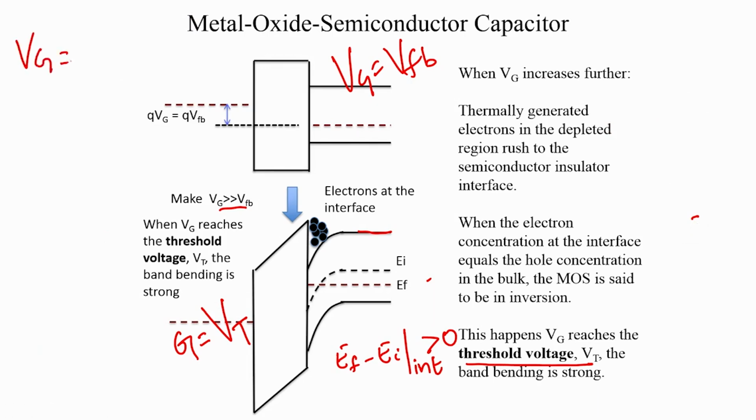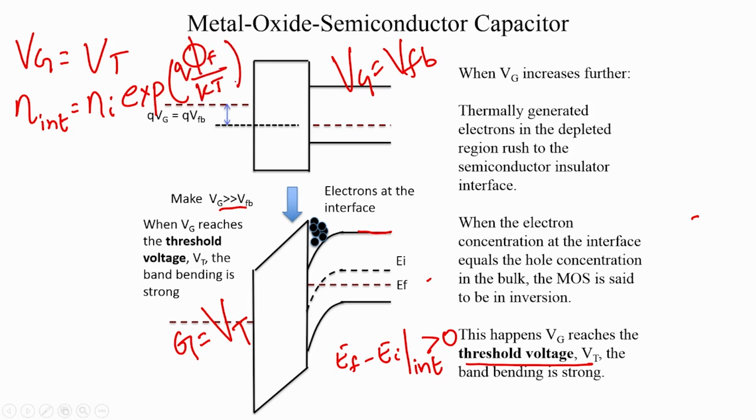At Vg equal to Vt, the number of electrons per unit volume at the interface is Ni, which is the intrinsic carrier concentration, times exponential of q phi f by kT. So, that is the number of electrons at the interface.